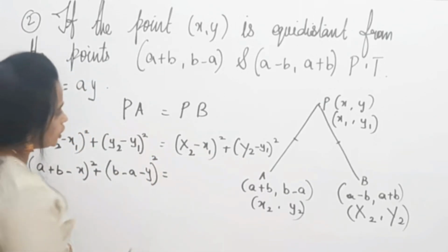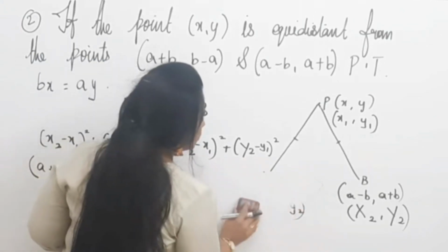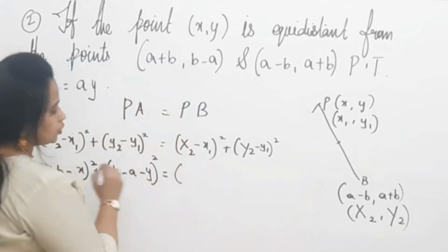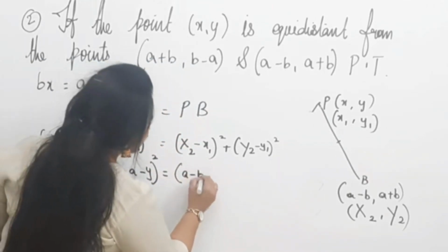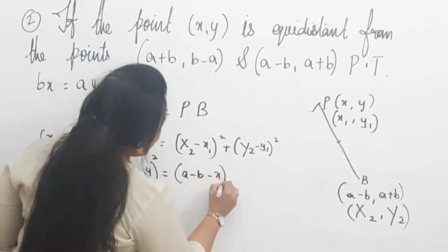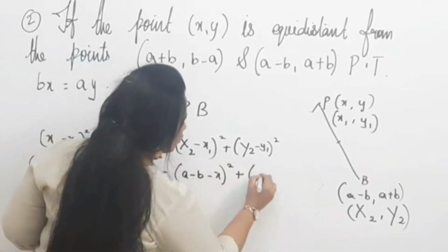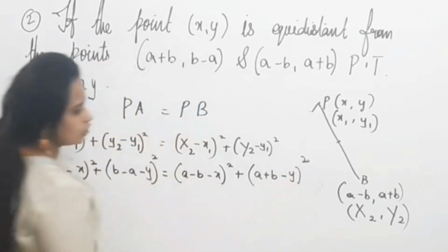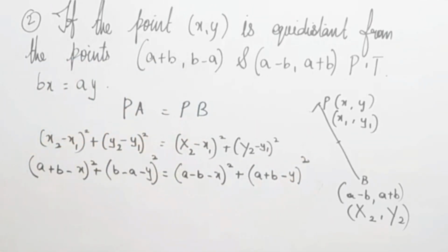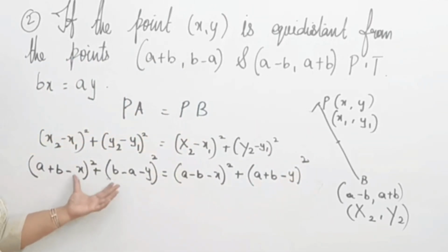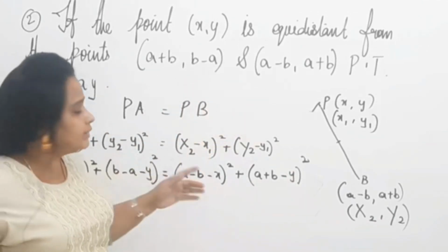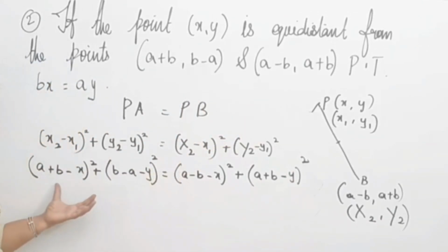Now I would substitute my caps x2 and caps y2: caps x2 becomes a minus b minus x, the whole square, plus caps y2 is a plus b minus y, the whole square. Hope everyone gets this point, how, without making mistakes, multiple variable coordinates can be written in an easy manner.